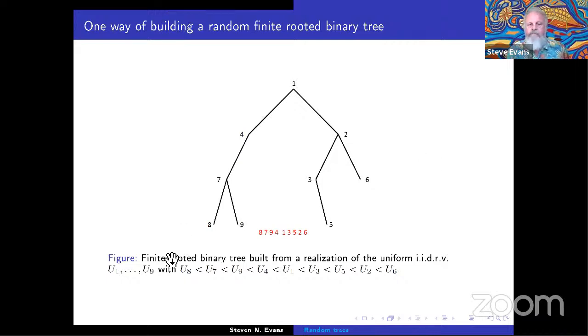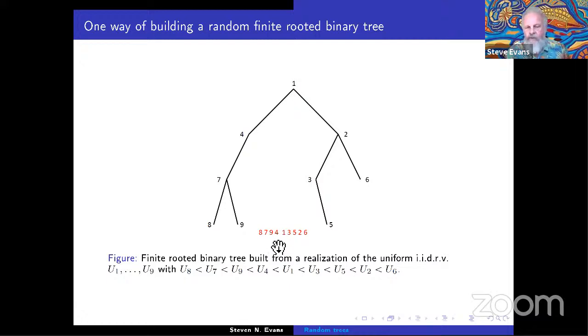So we could build a random finite rooted binary tree by taking a bunch of uniform, independent, identically distributed random variables. Suppose that we had 9 of them, U1 up to U9, and our particular realization of U1 up to U9 had them appearing in this order here.